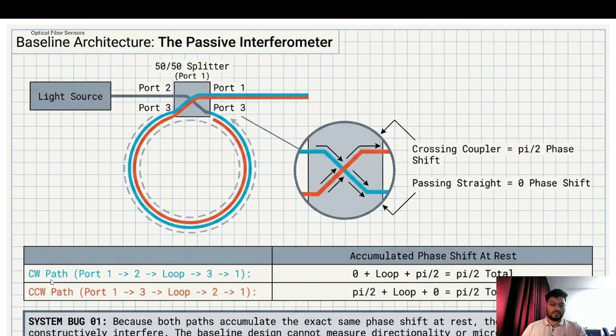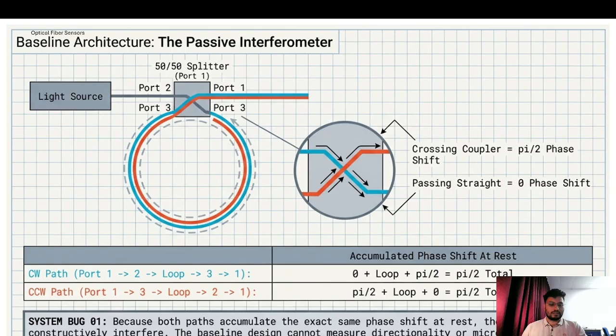In the counterclockwise path, if it goes from port 1 to 2 and the loop is 3 to 1, then the accumulated phase shift at rest is pi by 2 total. Similarly for the other direction, the light moves from port 1 to 3, through the loop 3 to 1, 2 to 1, and again we get an accumulated phase shift of approximately pi by 2 total.